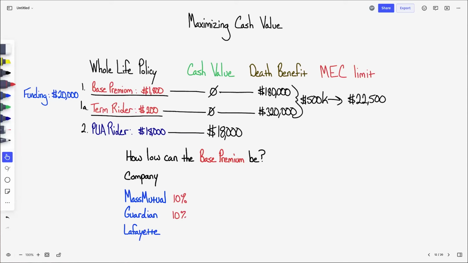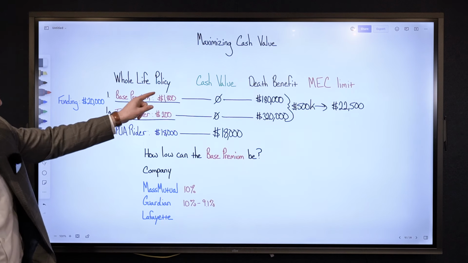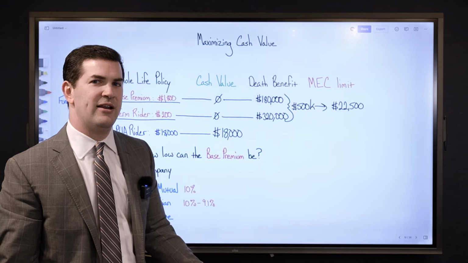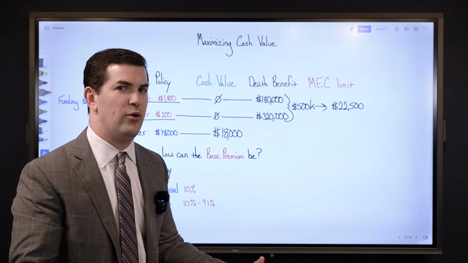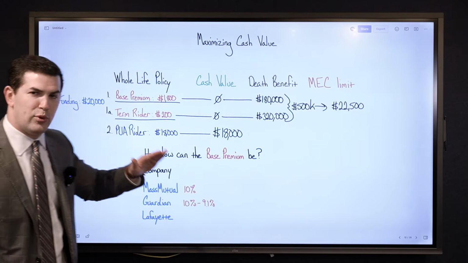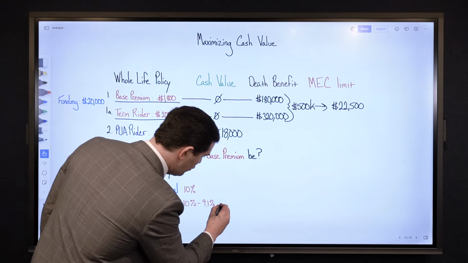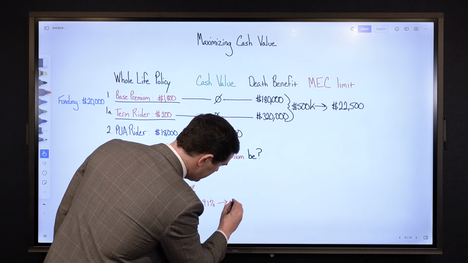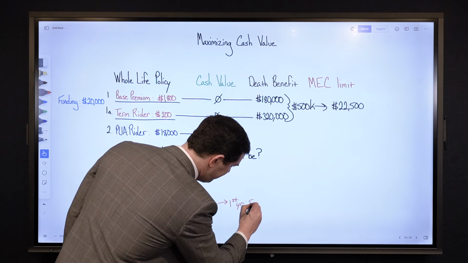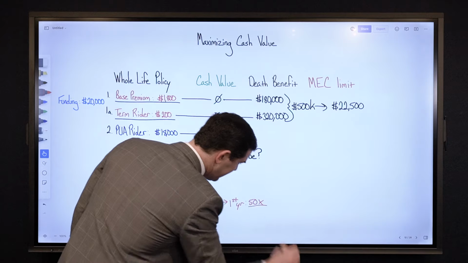Can actually get it down to about 9.1% with a lot of the designs we put together, which means if I have a base premium of $1,818 and I add another $18,181, the two together would equal $20,000. So that's pushing it as low as possible. And one thing too, in the first year, you can actually pay 50 times the base premium in PUAs.